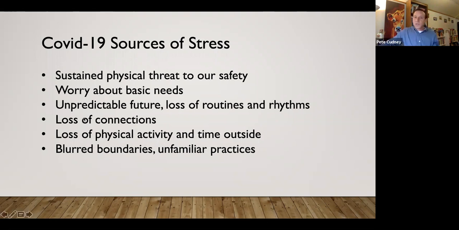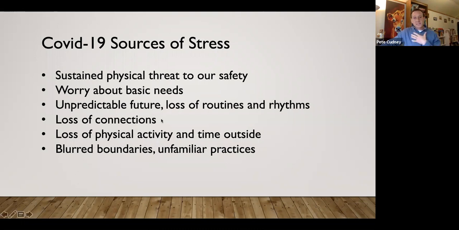The future's unpredictable. We have a loss of familiar routines and rhythms. The human brain really, really, really wants to predict the next moment, the next minute, the next hour, so that your brain can keep you alive, so that you can survive and thrive. And when the future doesn't match patterns that are predictable for us based on our lived experiences in the past, that causes a state of stress.